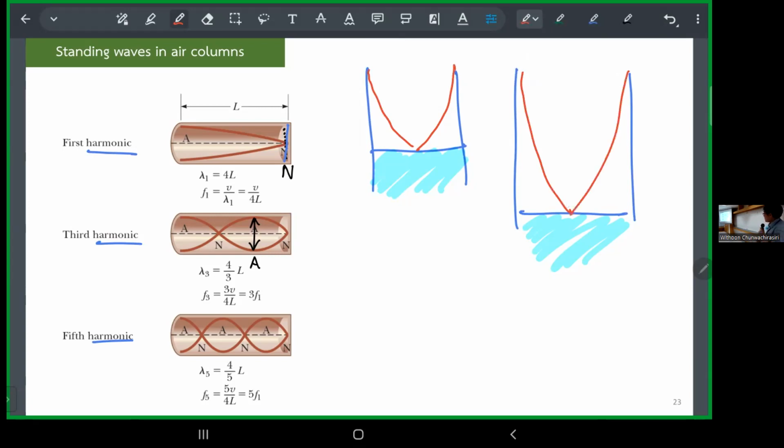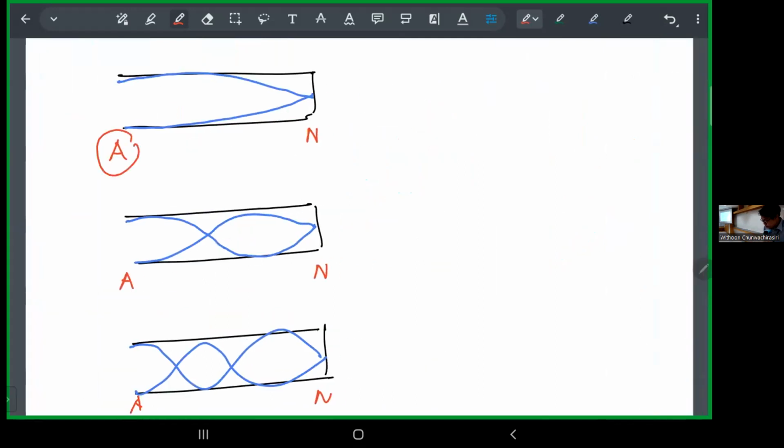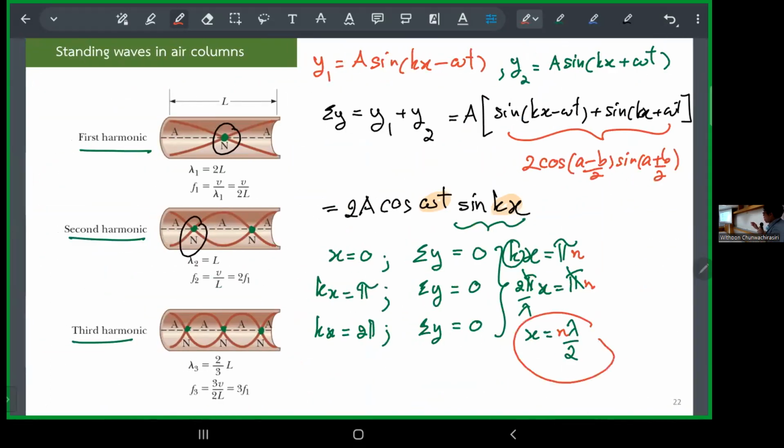See that? Okay. But you already saw from our analysis, the distance between node and antinode: the node will happen every half of a wavelength, right? Every half of a wavelength you have another node.